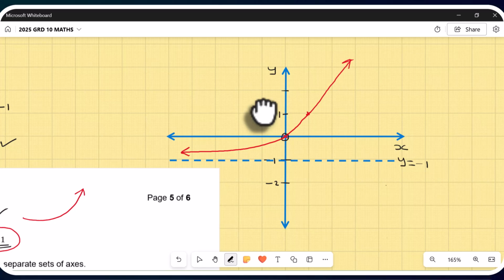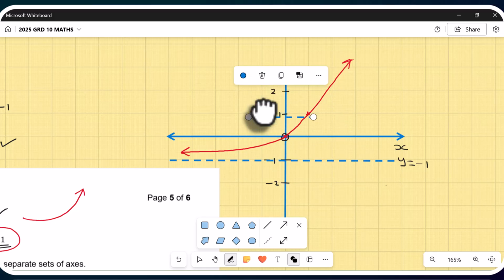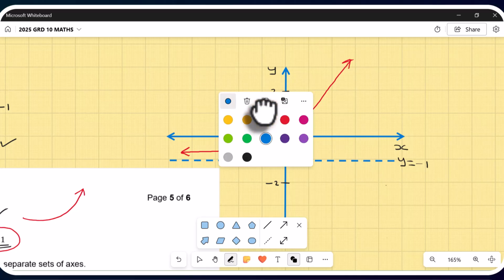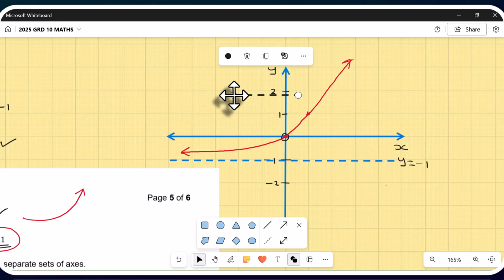Let me write the function first. You see the function is here. It was like this: f of x is equal to 8 divided by x plus 2. Are we together? Yes. Now, the axis of symmetry, we have got two of them.